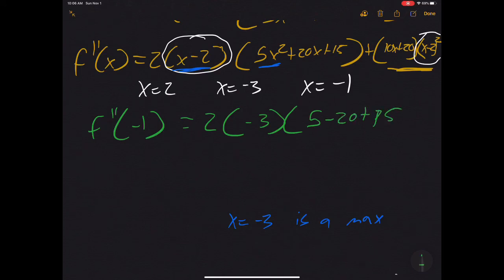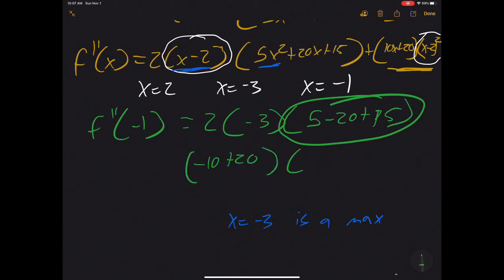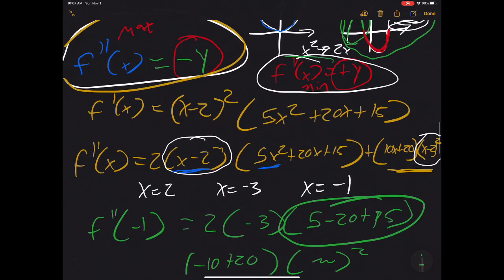And we see once again, this whole piece is going to cancel because this piece right here equals 0. So we just need to look at the second term, which is negative 10 plus 20, times something positive because it's something squared. Negative 10 plus 20 is a positive 10. So x equals negative 1 is a minimum, because once again, f double prime of x equaling a positive number gives us a minimum.